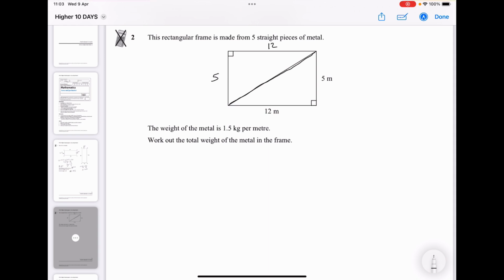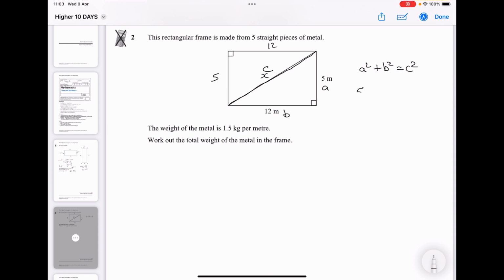Anytime I see a right angle triangle with a side missing, in this case X, I'm always looking for Pythagoras. Remember, Pythagoras is A squared plus B squared equals C squared, where C is the longest side, and A and B are the shorter sides.